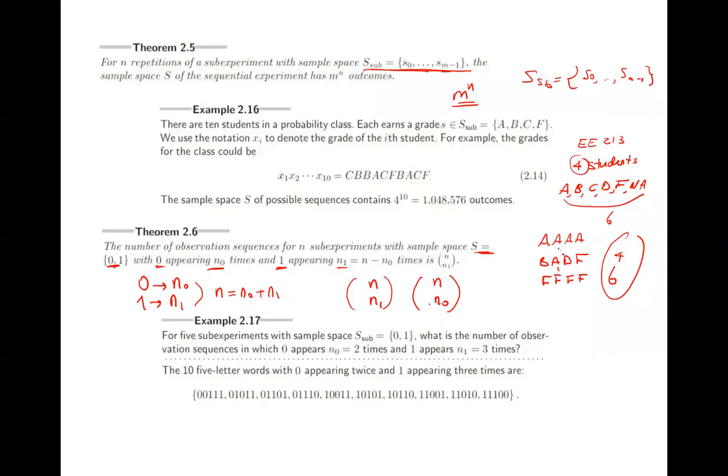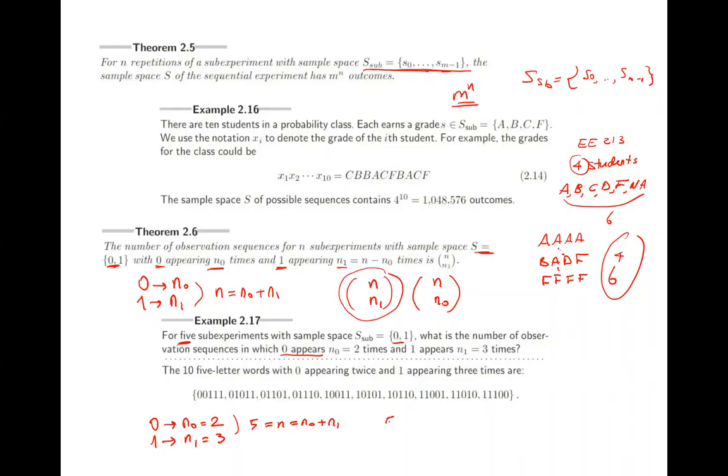Okay, let's see example 2.17. We have 5 sub-experiments with sample space 0, 1. What is the number of observation sequences in which 0 appears n0 = 2 times and 1 appears 3 times? So we have n = 5, right? How can I find this? I simply use this one, right?